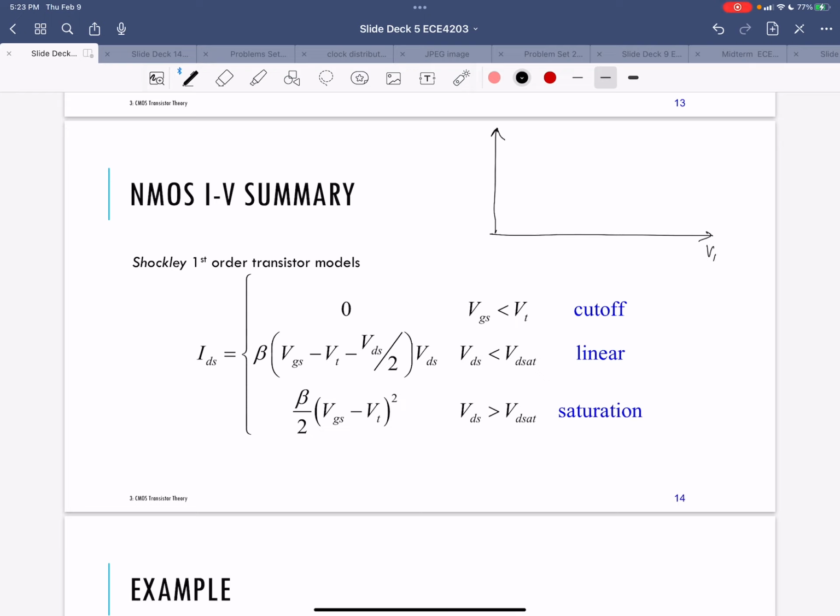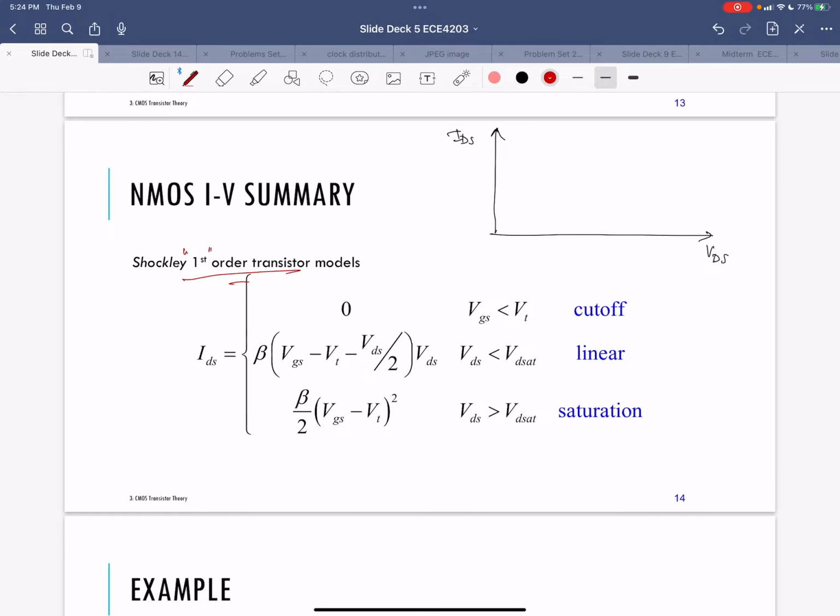So if I have this VDS versus IDS, let's say I have different gate source values. Let me try to explain what happens in these different areas. The key here is this is a first order model of the transistor.